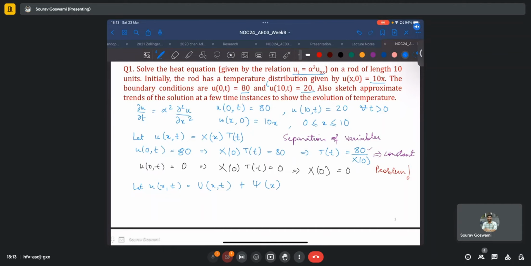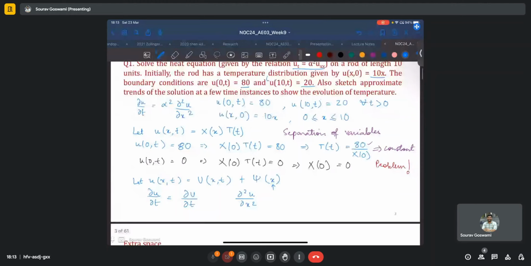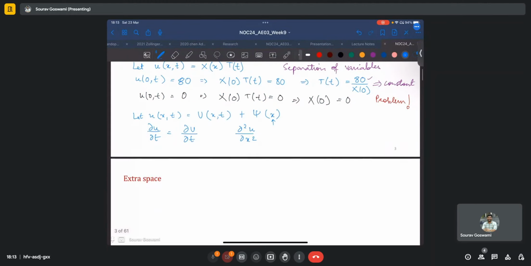Let's see how the problem transforms with this introduction. So now this is a function of only x, mind you. So now del u del t is only del capital U del t because phi is a function of x only, whereas del 2 u del x2, that is now we are evaluating the LHS and RHS of the standard heat equation, is equal to del 2 capital U del x2 plus phi double prime of x.